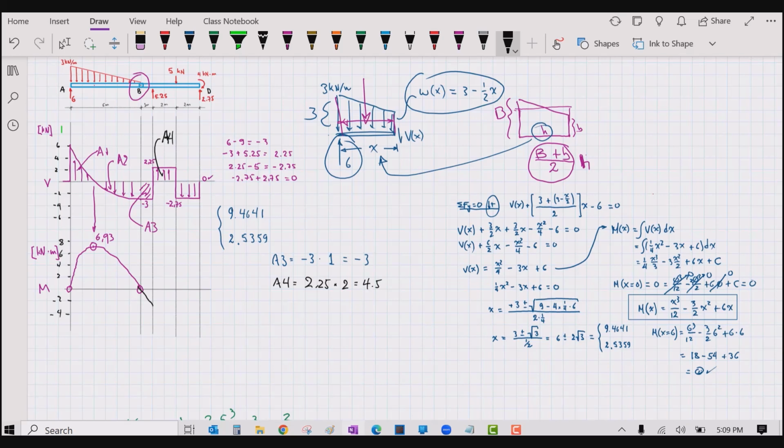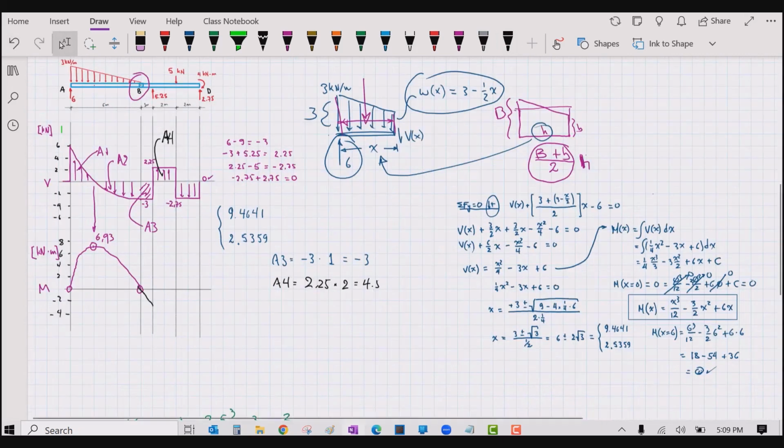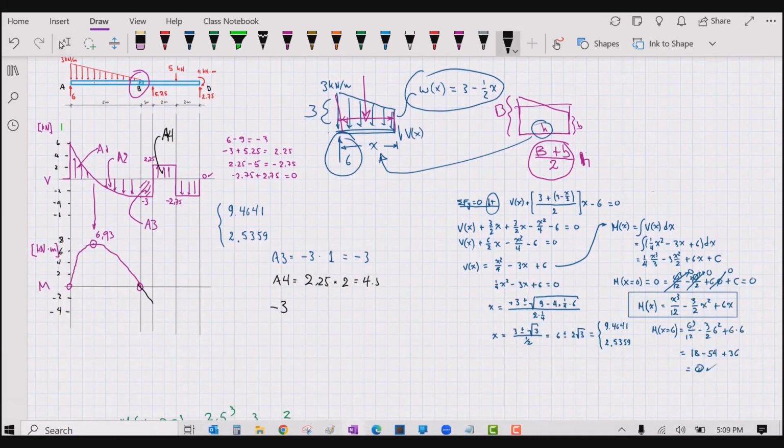So we go now straight from minus 3, plus 4.5, equals 1.5. So we have to go all the way to 1.5 somewhere over here as a straight line. So we are here at minus 3, and here we are at 1.5.